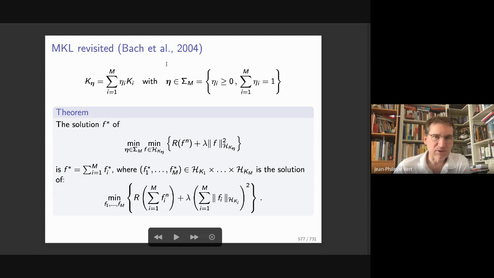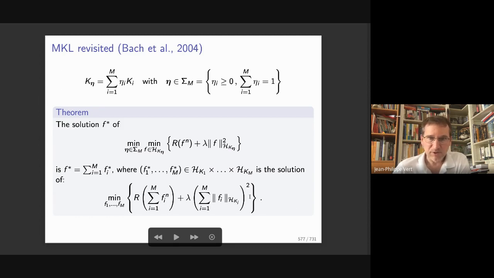And so this is what Francis Bach and colleagues did, and they showed that this MKL can be rewritten as a minimization problem over functions in each RKHS of the risk of the sum. So it looks exactly the same as when we used the unweighted sum kernels. We also had a minimization over f1 to fM of the risk of the sum, plus lambda regularization.